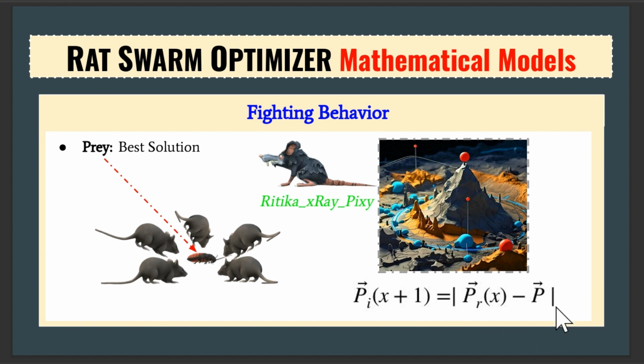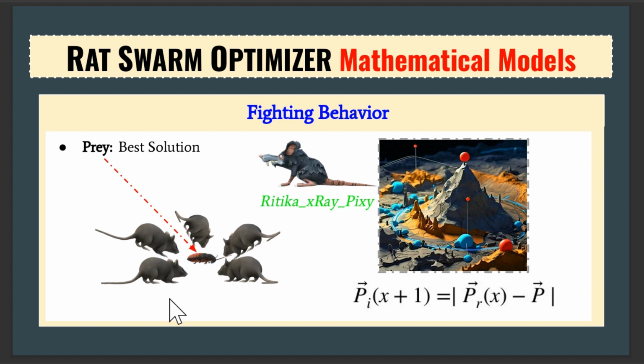This absolute difference is designed to direct the search agents to move closer to the best solution in a controlled manner. The use of absolute value also ensures that the position update is always positive, driving the rats closer to the optimal solution and preventing any negative movement that might take them away from the promising area of the solution space.